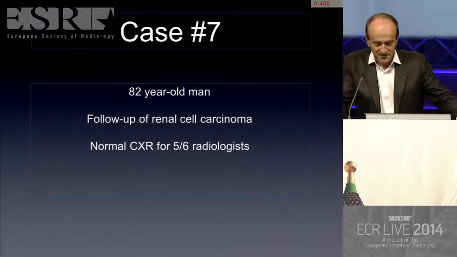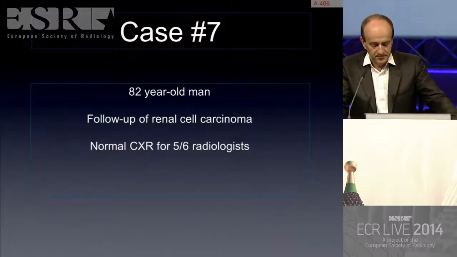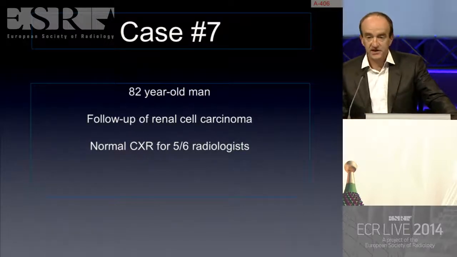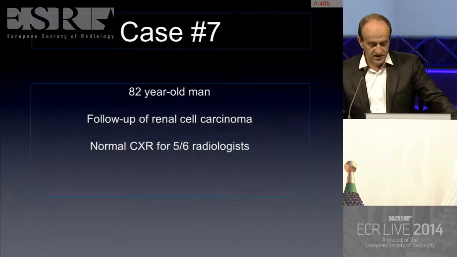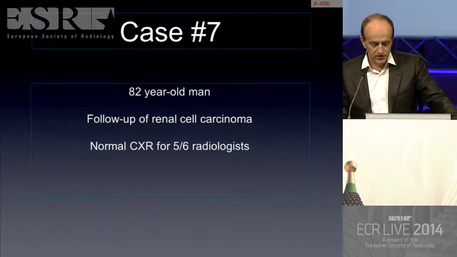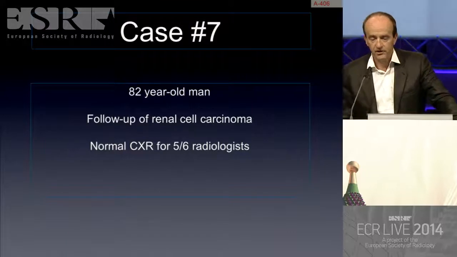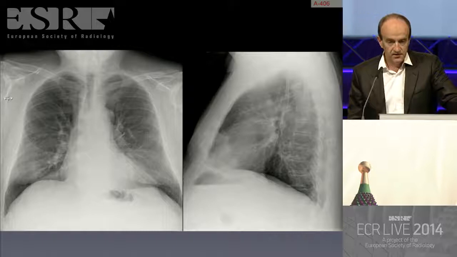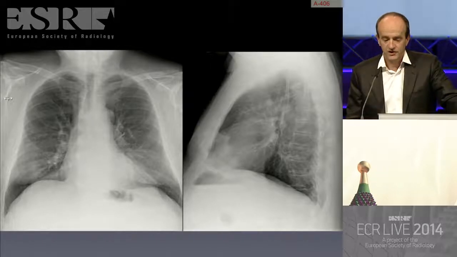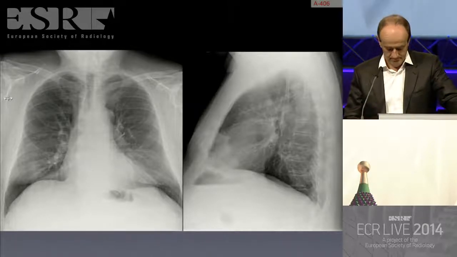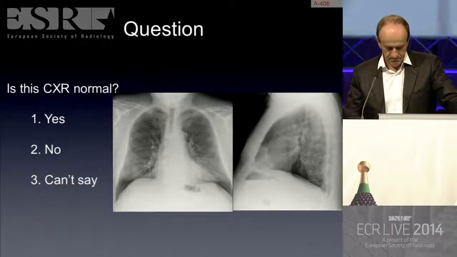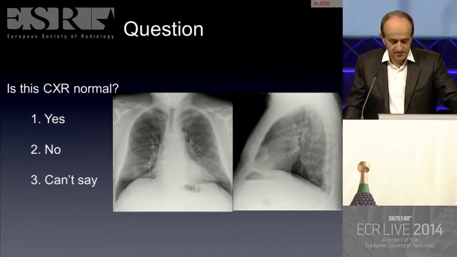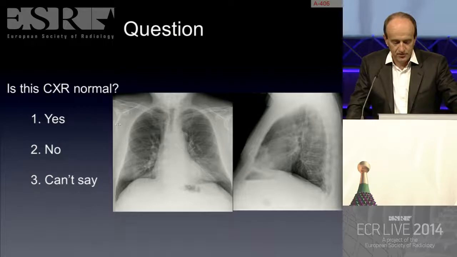Case number 7 is an 82-year-old man who has follow-up of renal cell carcinoma. The chest X-ray was considered as normal by 5 out of 6 radiologists. Here is the chest X-ray. The question is, is this chest X-ray normal?